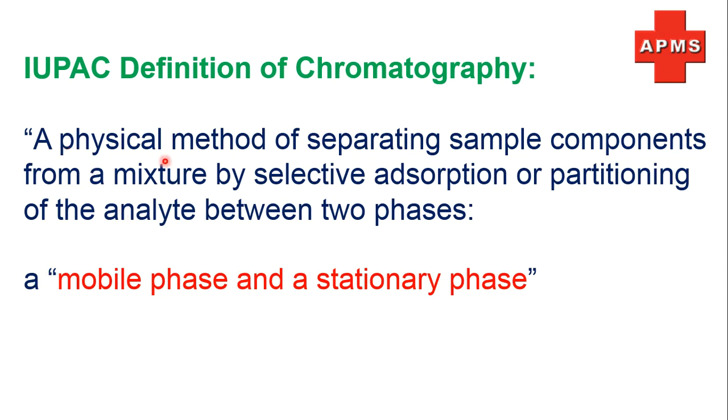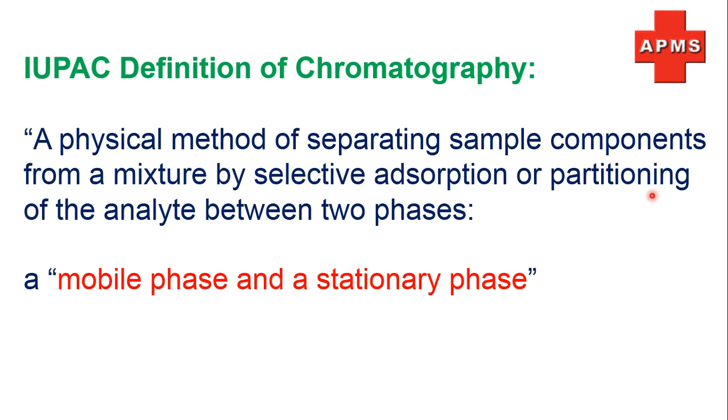So see again this definition: physical method of separating sample. Sample could be organic or inorganic, a mixture of organic compounds. Those organic compounds could be separable in components from a mixture by selective adsorption or partitioning.